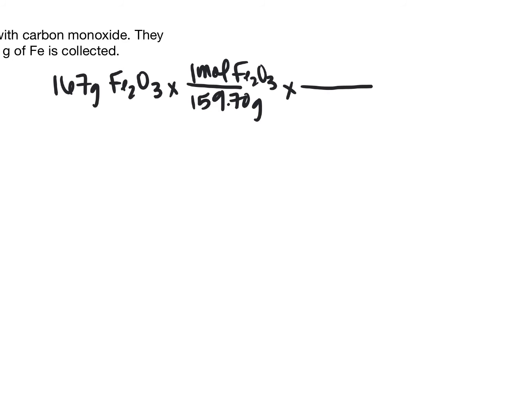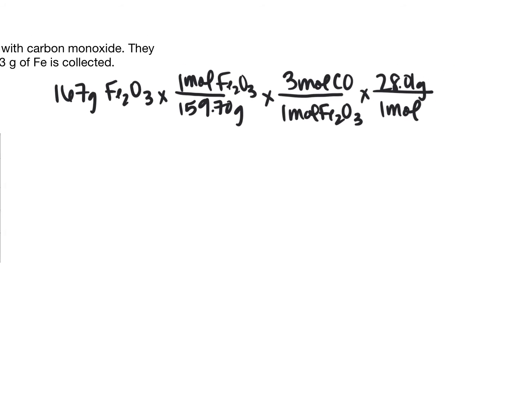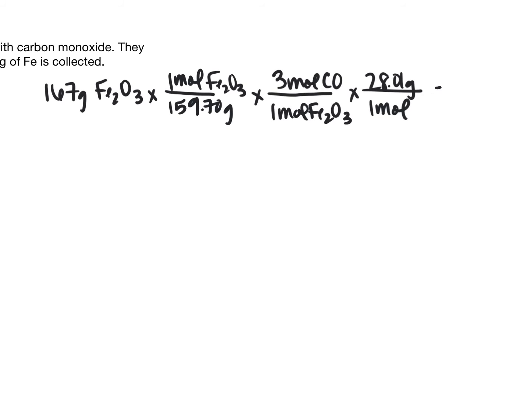The balanced chemical reaction is 1 mole of Fe2O3 for every 3 moles of carbon monoxide, and 1 mole of carbon monoxide is equal to 28.01 grams. And when you plug this into your calculator, you get 87.8 grams of carbon monoxide.